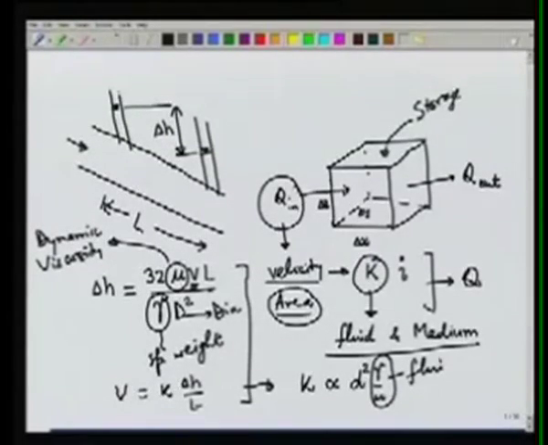This is the fluid property, and d square denotes the porous medium property.